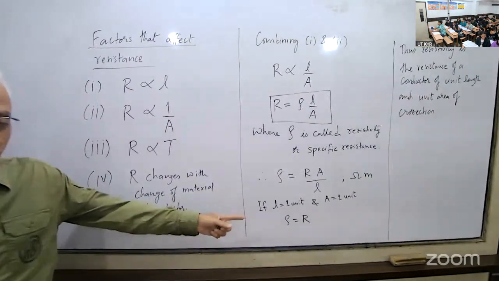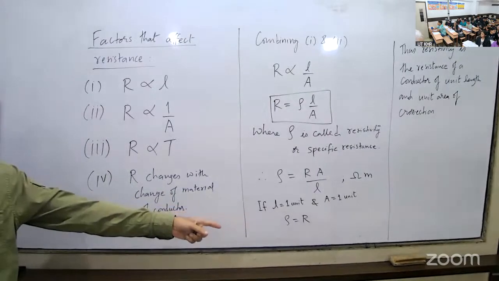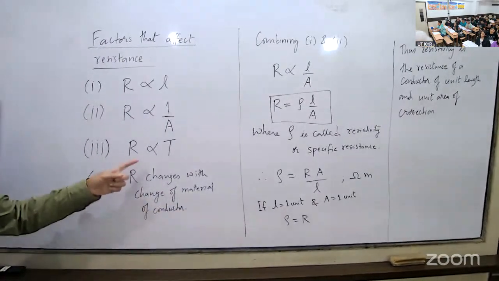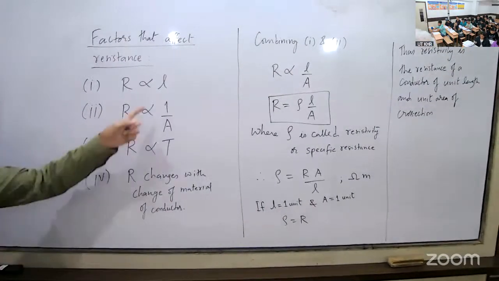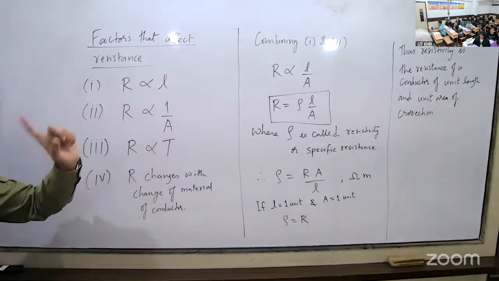So now what are the factors on which resistivity will depend? It will only depend on the temperature and material. So the dependency on dimensions is gone.